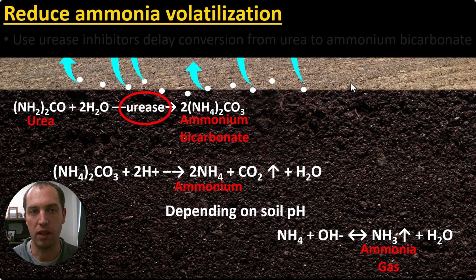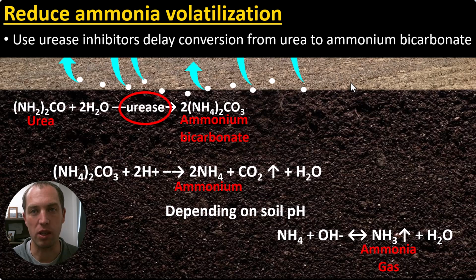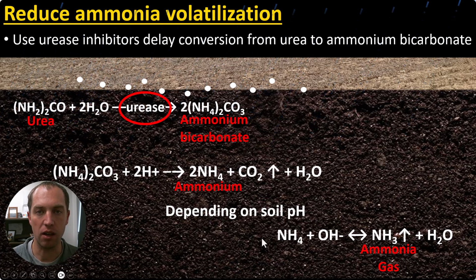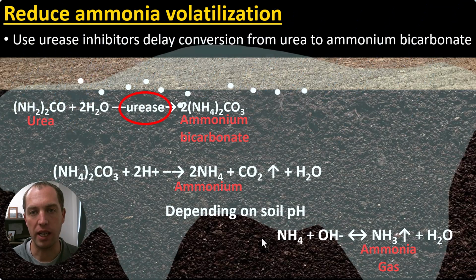So in order to reduce the volatilization, another thing we can do is use what is called a urease inhibitor. What that urease inhibitor does is it inhibits or delays this enzyme right here, the urease enzyme, from doing its job of converting urea into ammonium bicarbonate. If we can lengthen the amount of time that this urea takes to get into ammonium bicarbonate and then go through the rest of the nitrogen cycle, we can increase the amount of time that rain and our tillage events can occur, so we can move that urea into the soil.